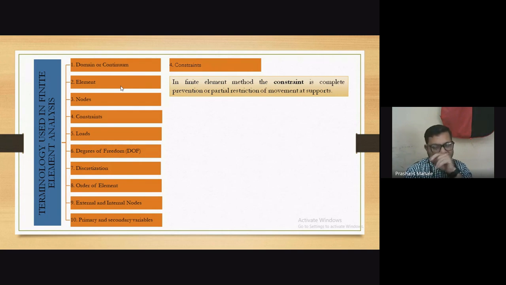So the constraint that you have to give, for example, that it cannot move in the x and y direction, motion is possible in the z direction only. So x and y are constrained like this. When the word constraint is used, it means we are preventing or resisting the motion, or the degree of freedom, in that particular direction.